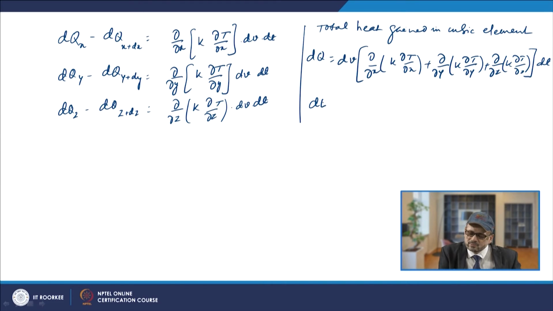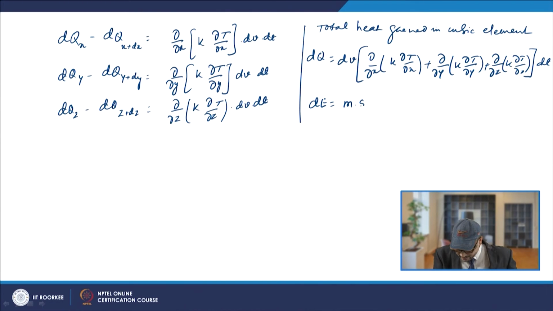If you talk about the internal energy increase of the system, that is your dE, we know that it will be mass times specific heat times temperature difference. So it will be m C dT, and you have mass as volume into density.